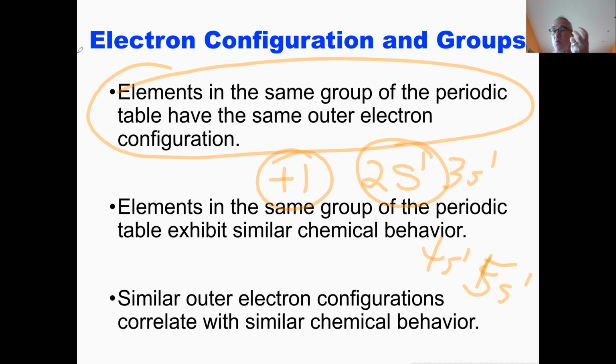And when it gives that one electron away as a +1 ion, it then looks like the noble gas that's slightly smaller than it. So sodium, with its 11 electrons, gives away 1. Now it has 10, and it looks like neon. And we know that neon is super stable. Neon is so stable that chemists have not been able to make any compounds out of it.